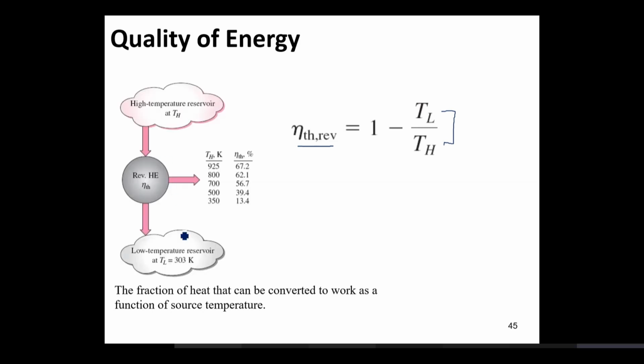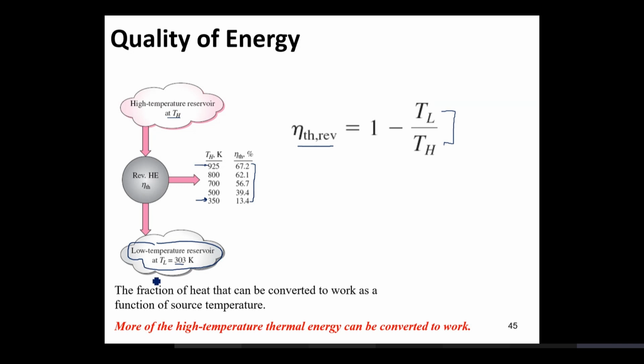If I keep my low temperature constant at 300 Kelvin, and if I start changing the temperature of the high source reservoir from 925 to 350, I see that the efficiency of my system decreases from 67.2 to 37.4. This means that more of high temperature thermal energy can be converted to work.